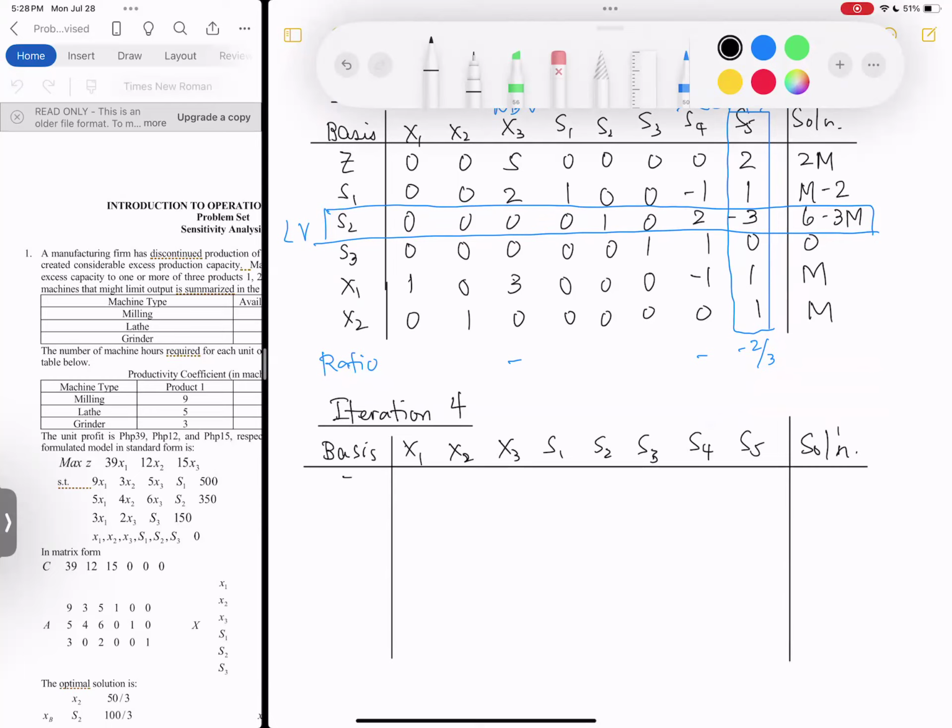Okay, so we have Z, then we have S1. S2 is now replaced by S5. Then you have S3, X1, and X2.